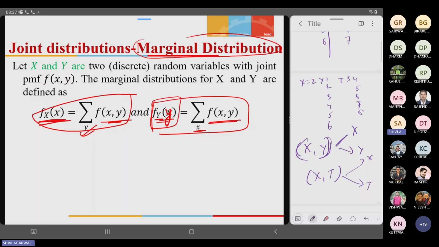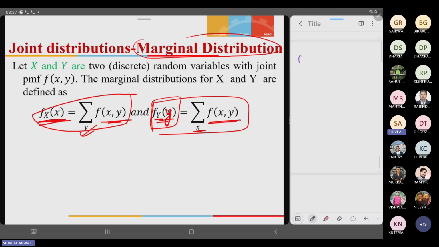Now there are two different functions we have mentioned. Here we can write f of x,y, so this is the joint density function. And when we use the subscripts fx and fy, these are the marginal density functions for x and y respectively.